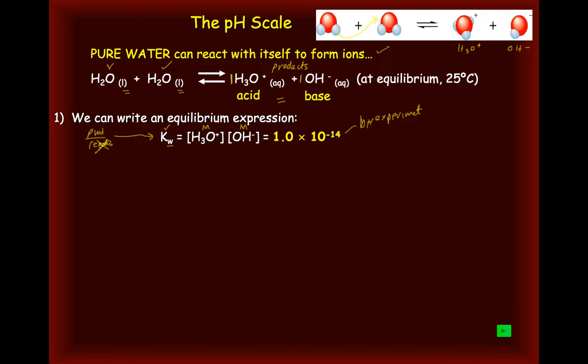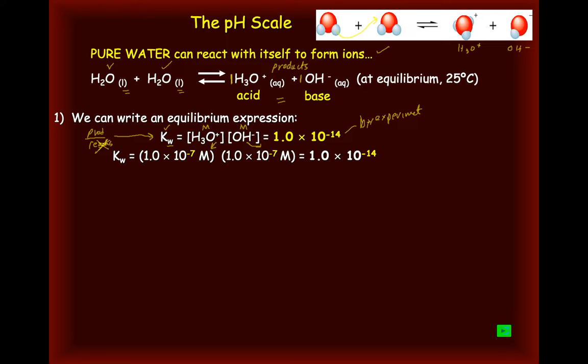If you think about that real quick, you're really just taking the square root of this number, because what number times itself would be this? So if you evaluate this knowing that they're equal, you would get that the molarity of the acid must be equal to 1 times 10 to the minus 7, and the base must be equal to 1 times 10 to the minus 7, so that when you multiply these together, you would add the exponents to get minus 14.